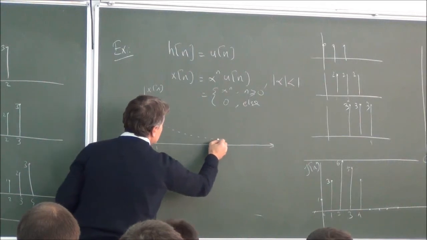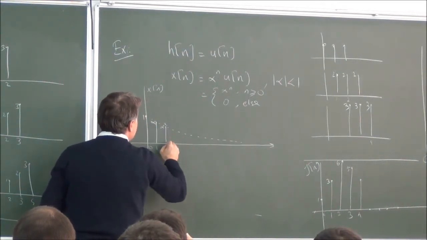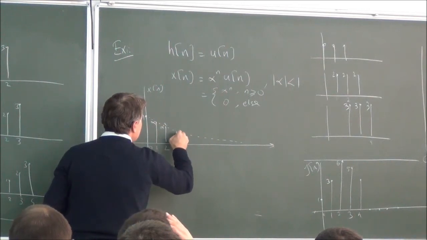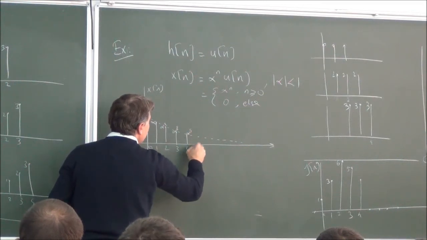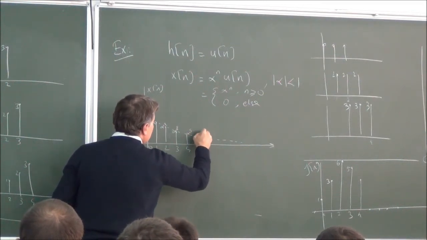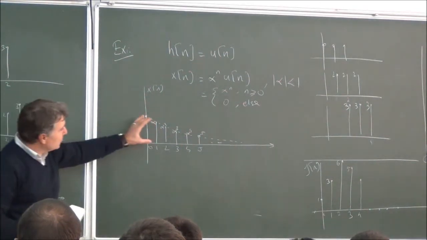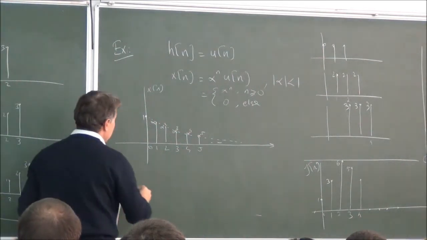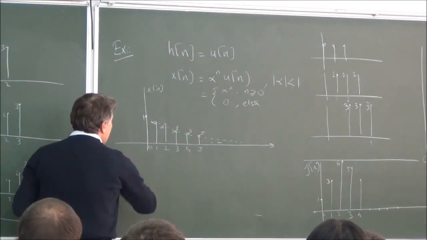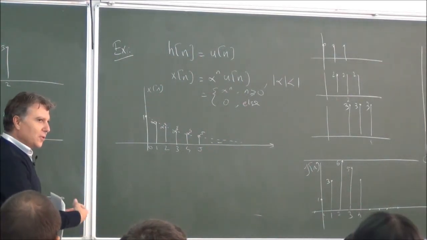And it's a decaying exponential, as you may guess. Then you have alpha square at 2, alpha cube at 3, alpha to the 4 at 4, alpha to the 5 at 5, etc. It goes on like this. These are the values that you have. And for each impulse, we generate some amount of output.